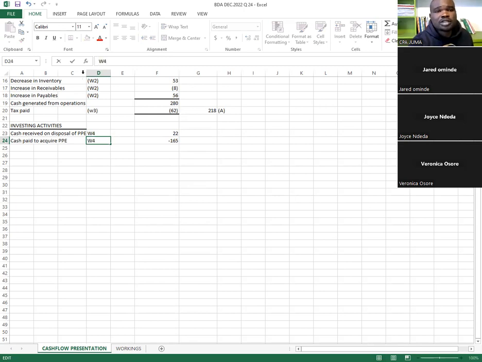That is our working 4. Then under investing, you still stick to non-current assets. So PPE, we are done with the 2. You must bring those 2 items which we have captured. I like having these ones in brackets. So once I have a negative, I just click, then I reduce the zeros like that. Intangible assets, we have no amortization or impairment, so we are done with that. Then we have financial assets through other comprehensive income.